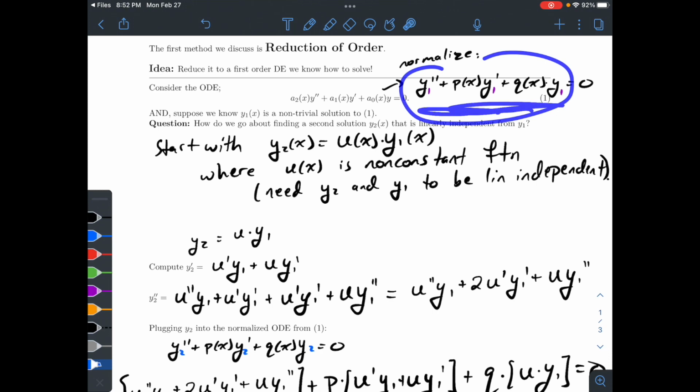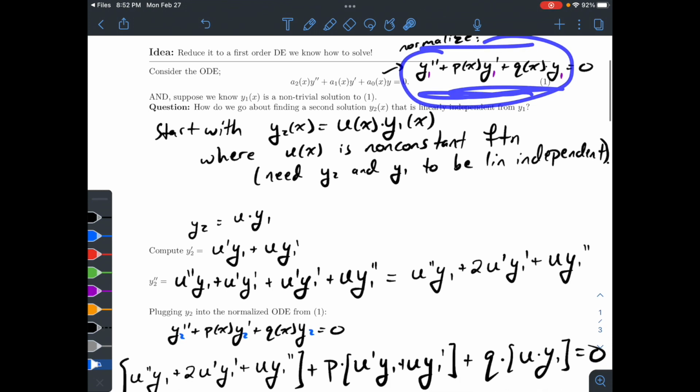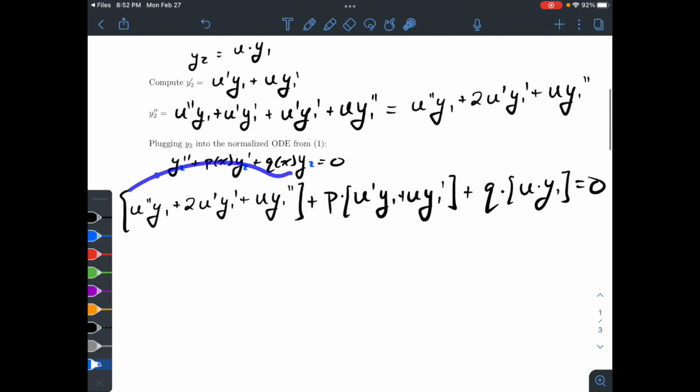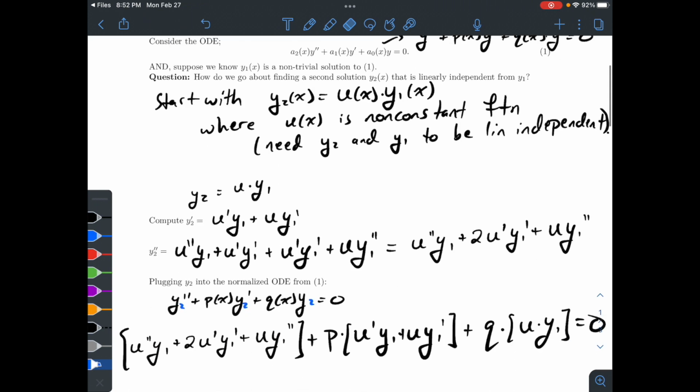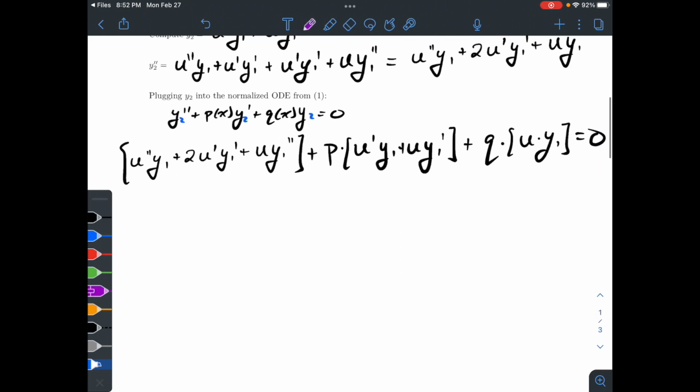So if I'm able to find this showing up in my differential equation down here, then I should be able to replace that with 0. And that's going to be the idea of what we're going to do. Let me get rid of those just for sake of keeping clean notes.